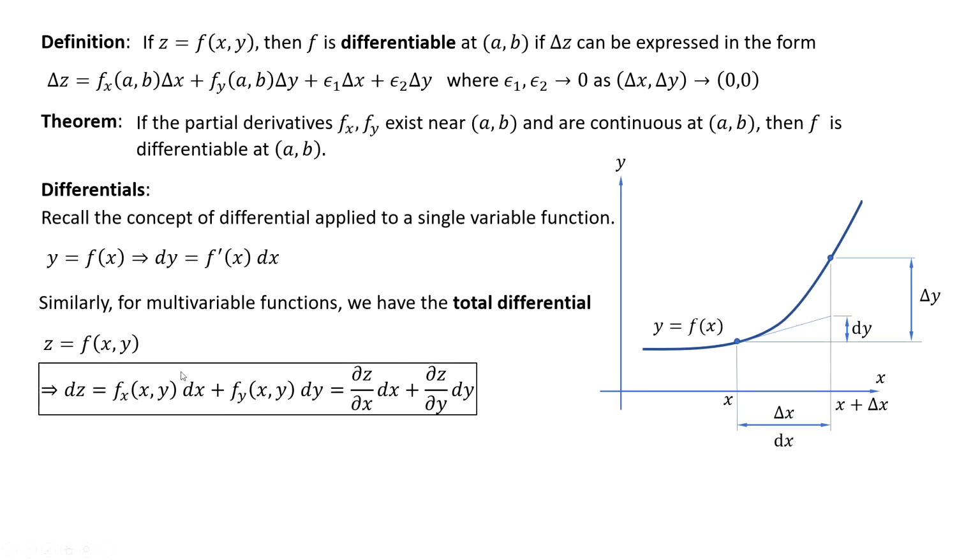In light of what this dy was, the change in y along the tangent line, not the actual change in y, in the same way, dz is not the actual change in z, but the change along the tangential plane. How do you find that? Well, it's a combination of the change along the x direction, plus the change in the y direction along the tangential plane.